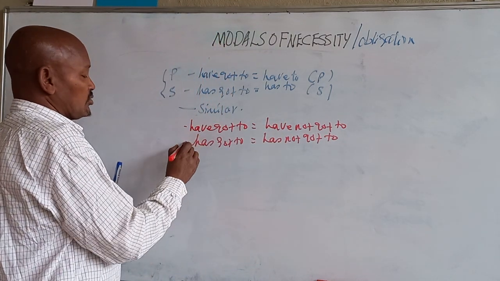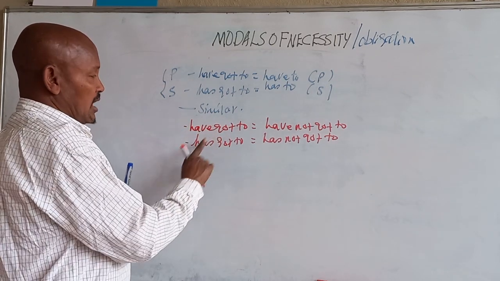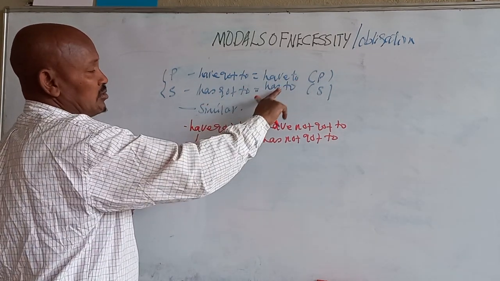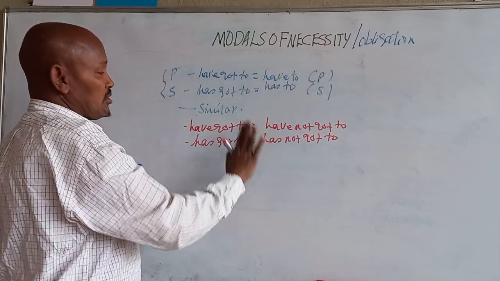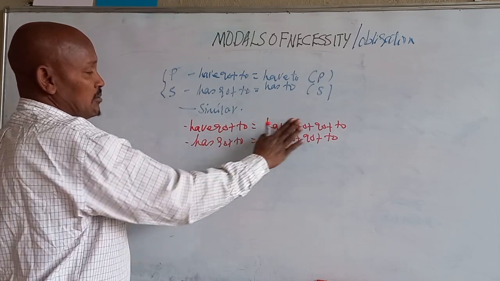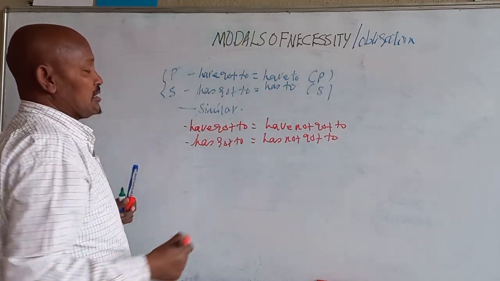Yes, have got to, and the negative form, have not got to, has not got to. This one is don't have to or doesn't have to, the negative form. So negative, and here is positive, but the meaning is the same. The structure might be different, but the meaning is the same.